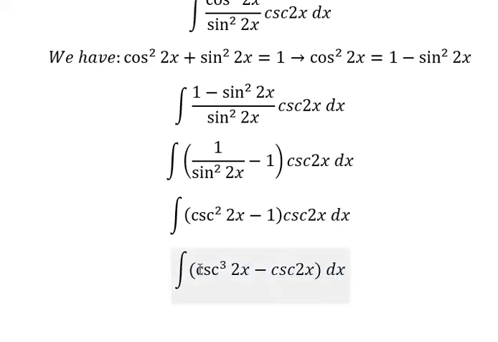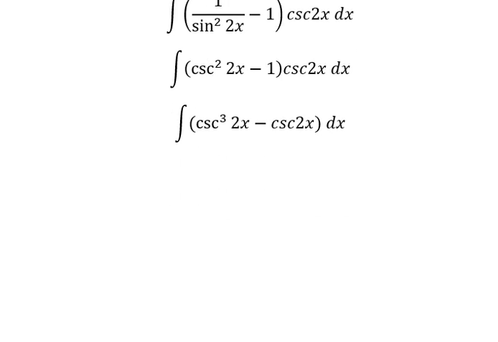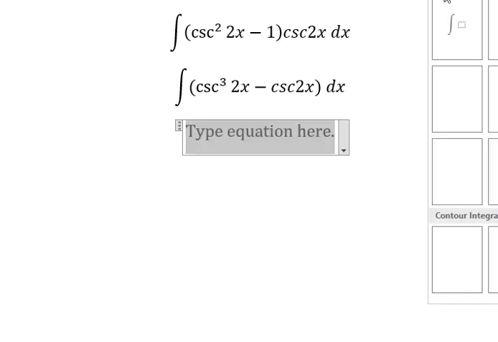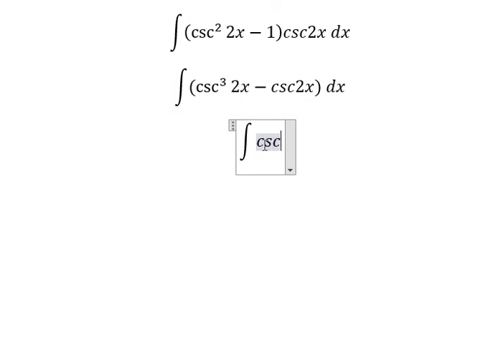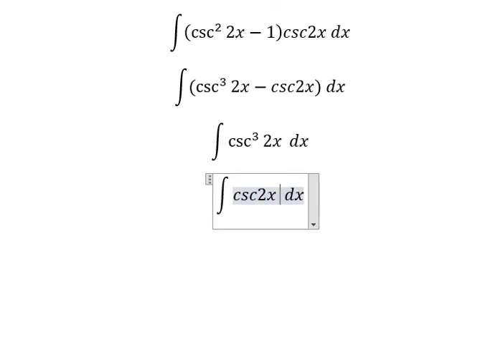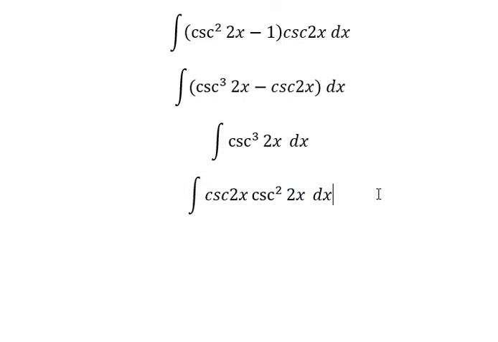And now I will concentrate on this one only. About this one, we can write it as cosecant of 2x multiplied by cosecant of 2x squared.